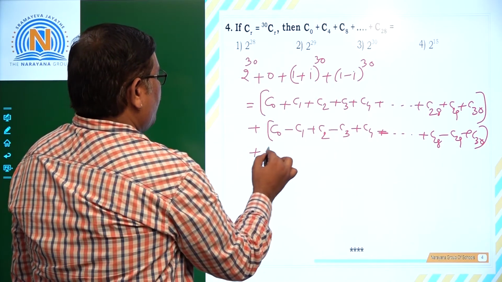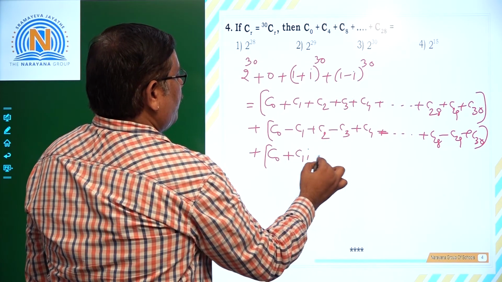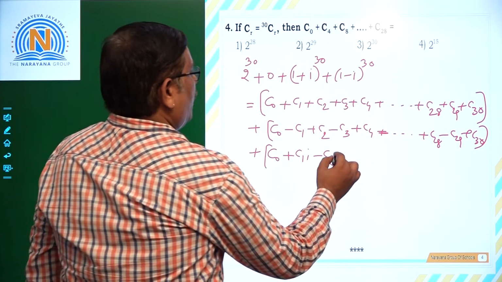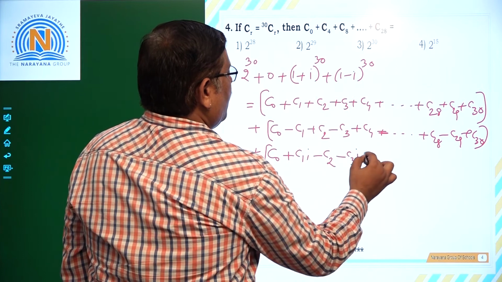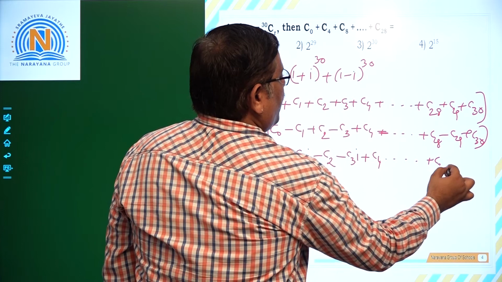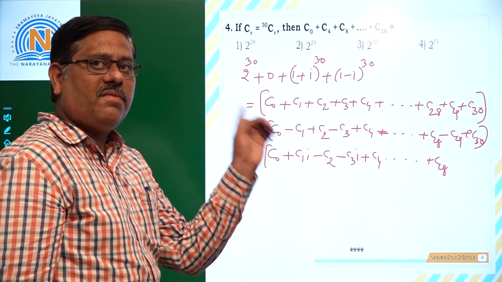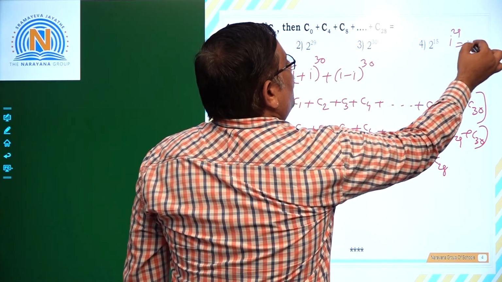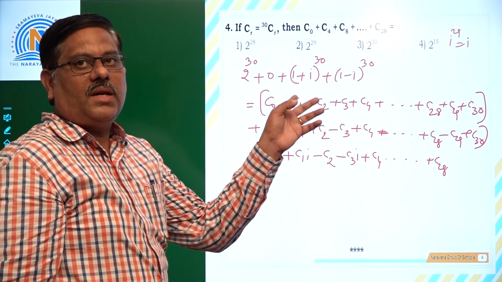The third one will be C0 plus C1i plus C2i square, that is nothing but minus C2 because i square is minus 1, minus C3i, plus C4 and so on, plus C28, plus C29 times i power 29. i power 29 becomes i power 28 into i, which is i itself.